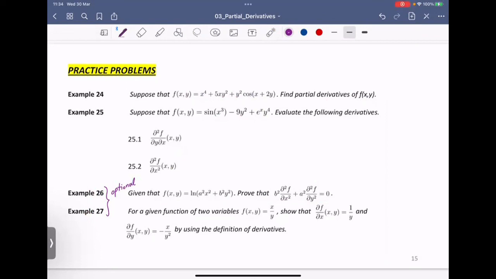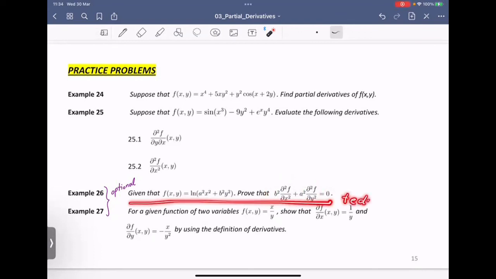It's going to take some time for you to take the partial derivative of this thing 2 times, and then you have to simplify a lot, because if you simplify everything and make it this quantity, it's going to add up to 0 perfectly. This question is not hard, just tedious.